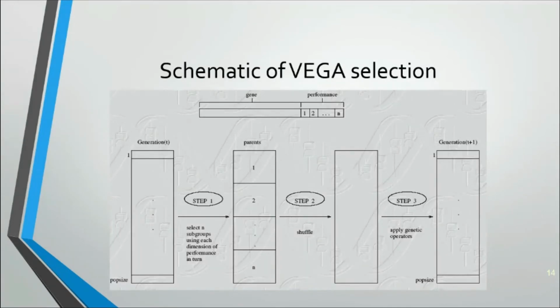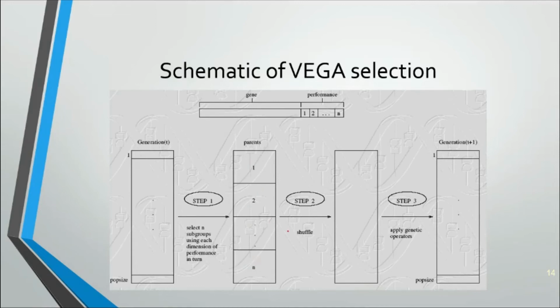And this is a schematic of the VEGA selection, that is the vector evaluated genetic algorithm selection. So here is the particular generation, and in step 1 we divide all the parents into n different subgroups.